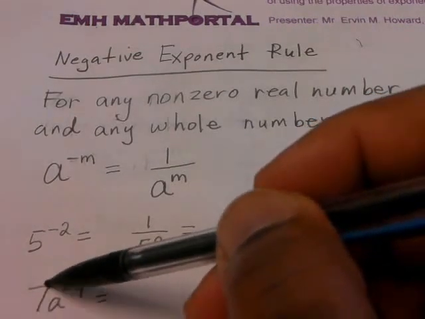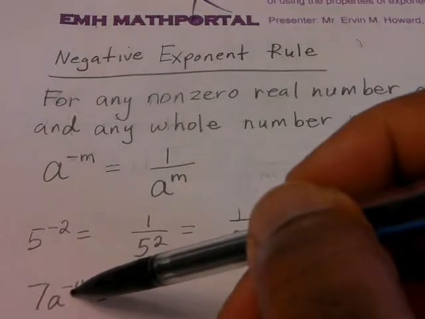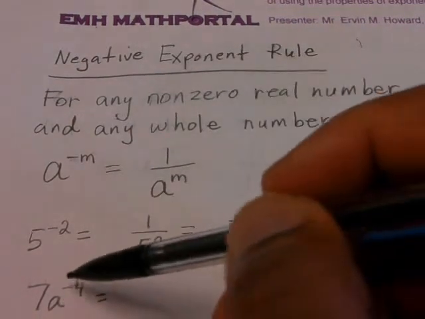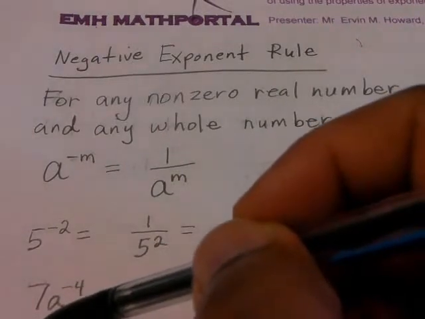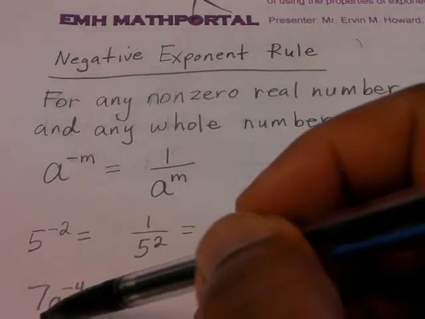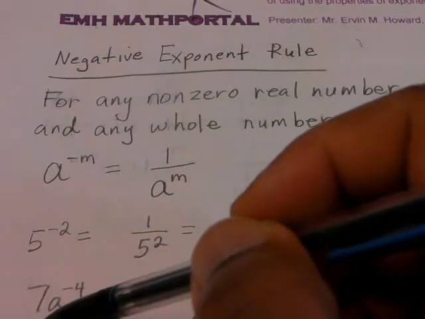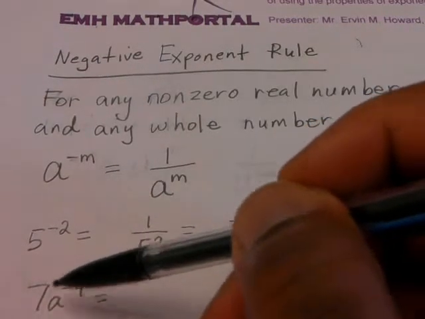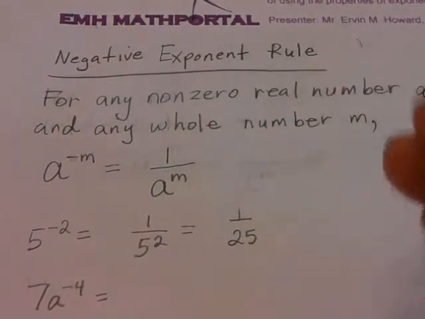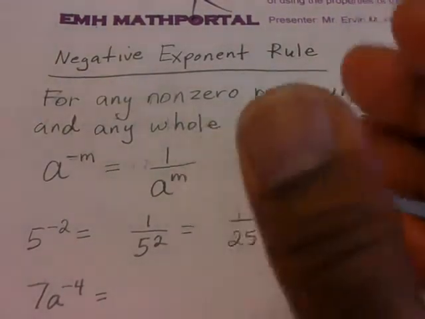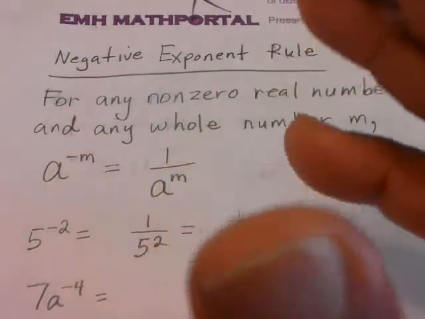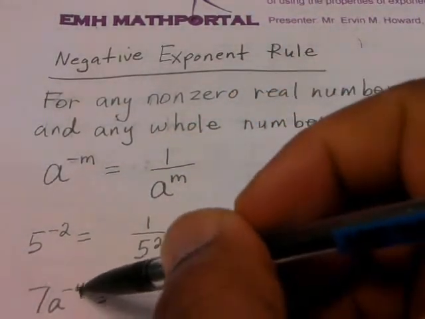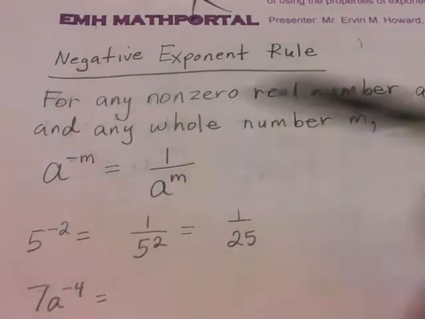You have a coefficient of 7, and then the negative 4 power belongs to the base a. I tell my students to imagine separating the variable and the coefficient. Keep your negative exponents closely identified with their base. So negative 4 is not part of the base for 7 in this case.